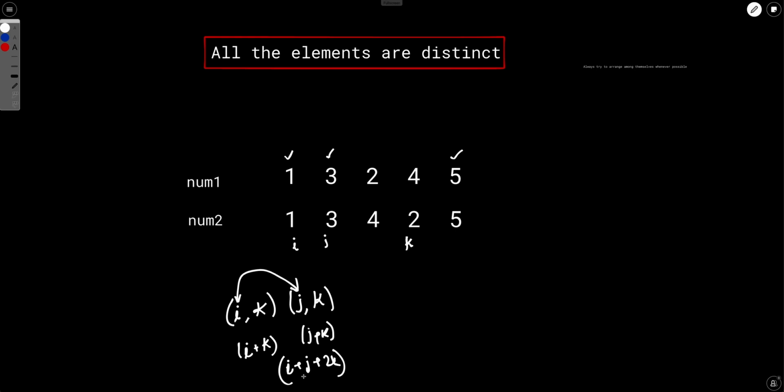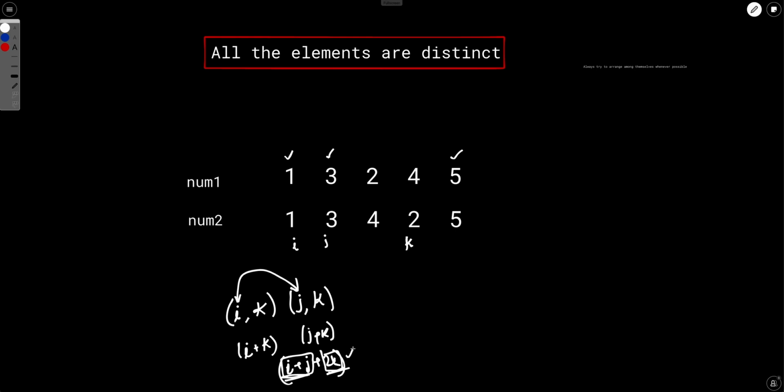In that case, the cost would be i plus j. So you are paying an extra 2k cost for the exact same arrangement. After this arrangement, only i and j will be swapped, and the position of k would remain intact, right? So you are paying an extra 2k cost for the exact same arrangement.